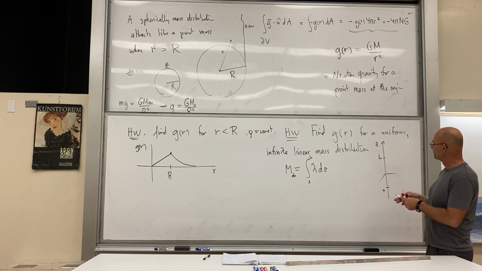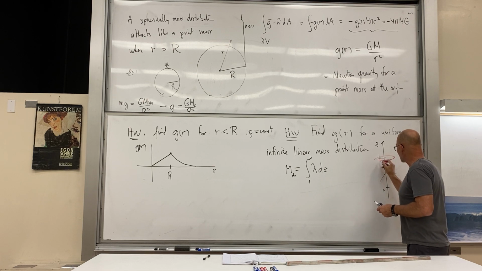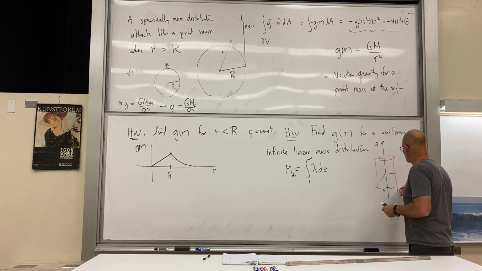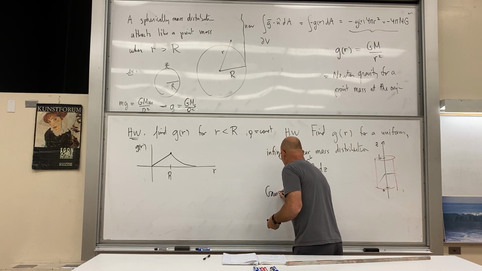So here's the thing. By the symmetry argument, you construct what's called a Gaussian surface.